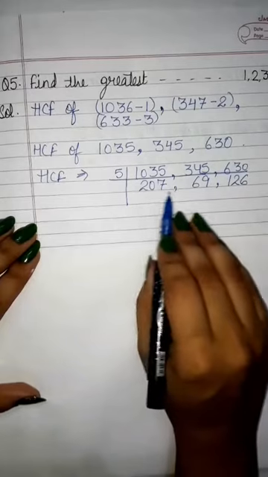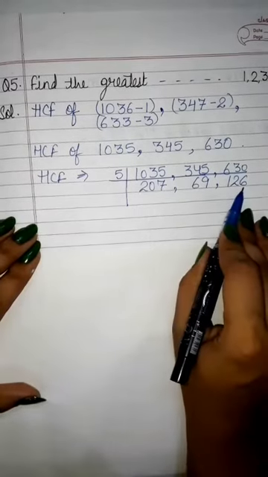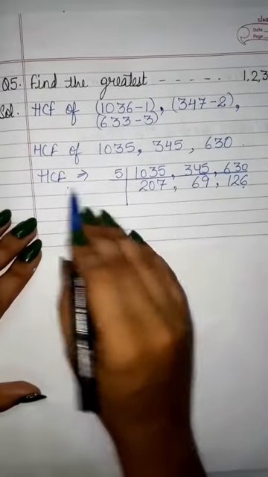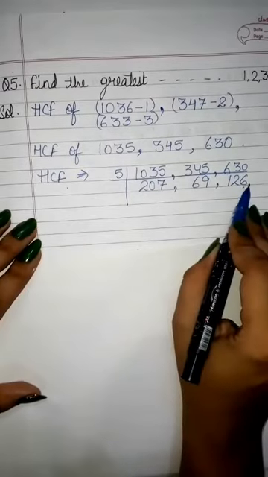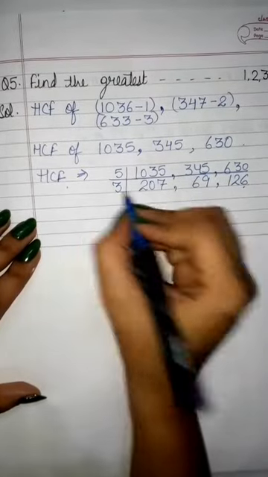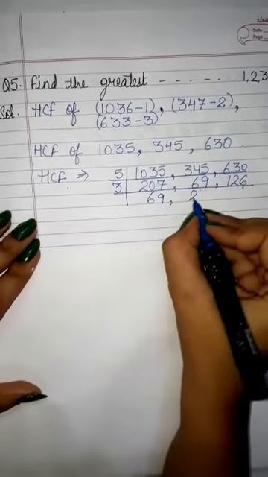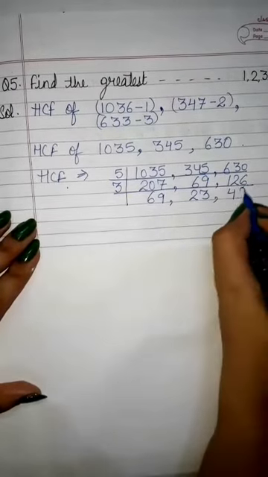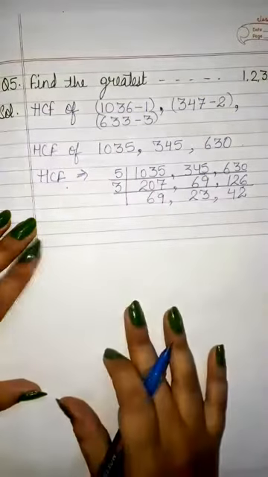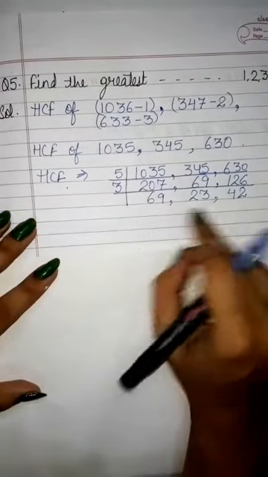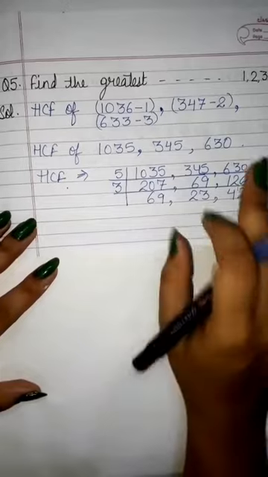So you check it by 2, only one number we can divide. But in HCF, we have to find the common divisible. So we will be dividing it by 3. 3 69s are, 3 23s are and 3 42s are. Now these numbers do not have common divisible, so leave them as it is.